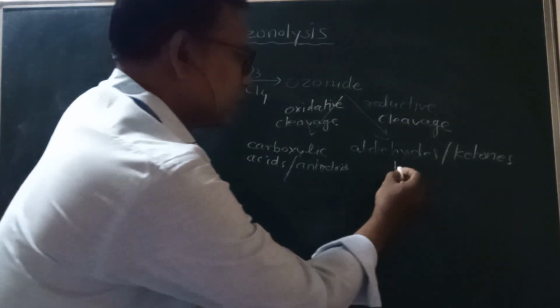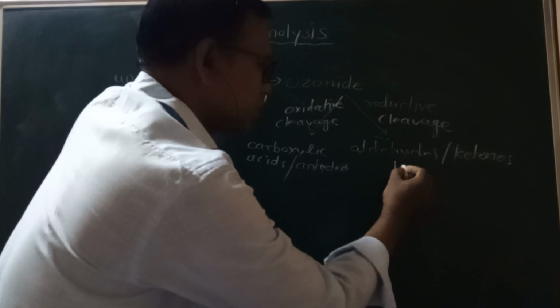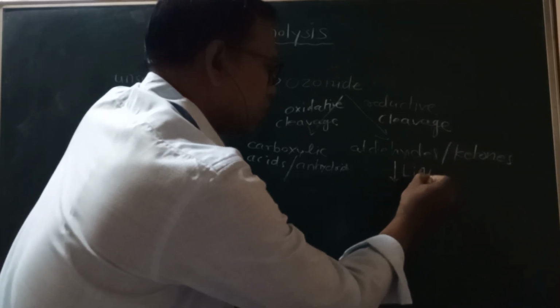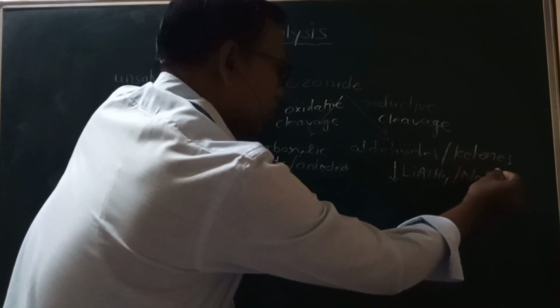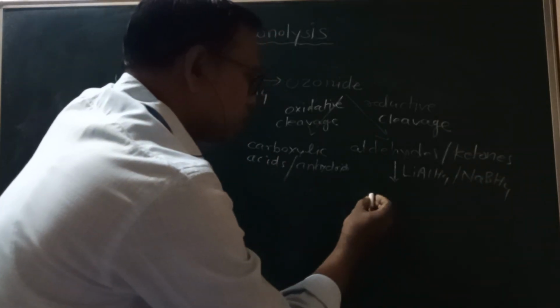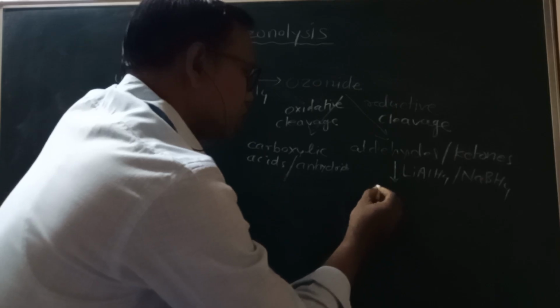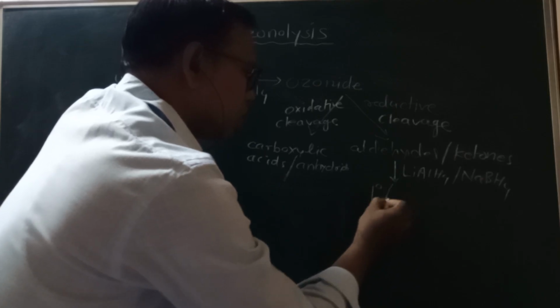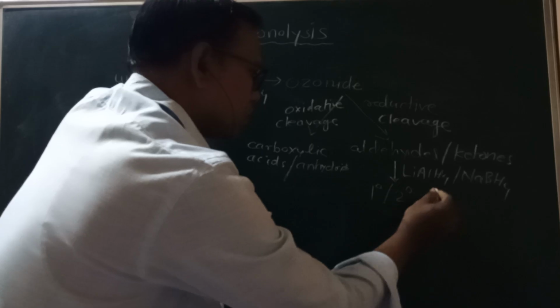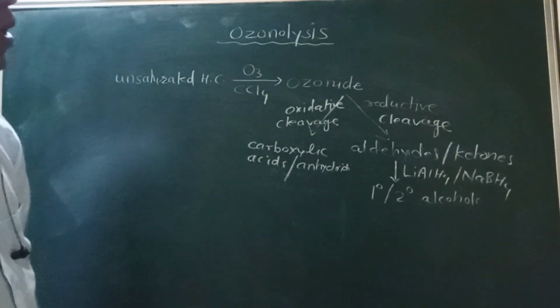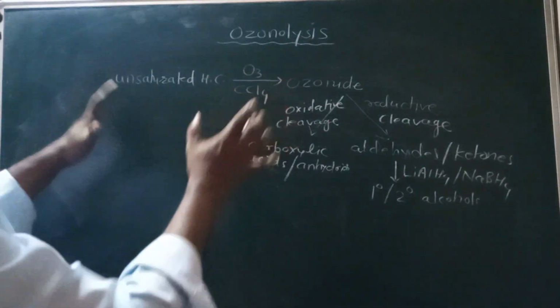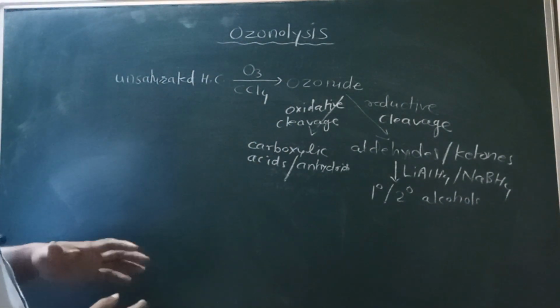If we use strong reducing agents like LiAlH4, lithium aluminum hydride, or NaBH4, sodium borohydride, it leads to alcohol, which may be primary or secondary alcohol.